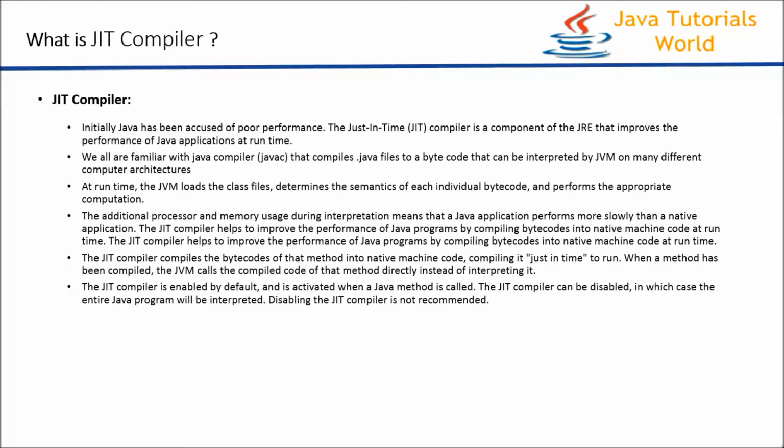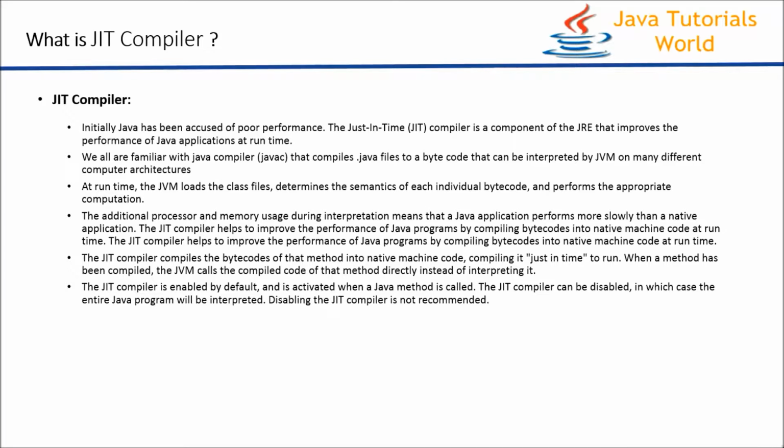This JIT compiler compiles the bytecode of a method into machine understandable language just in time. When a method has been compiled, JVM calls the compiled code directly. So this improves the performance of Java applications.